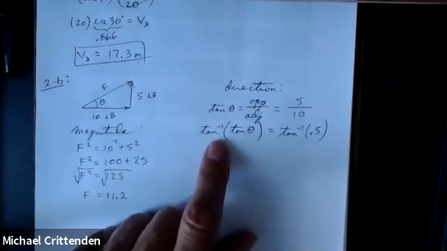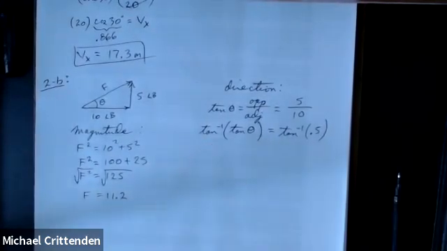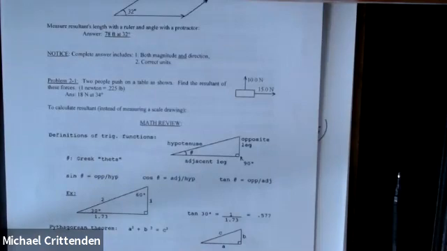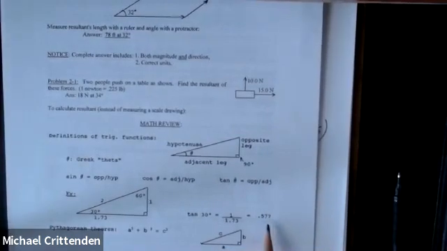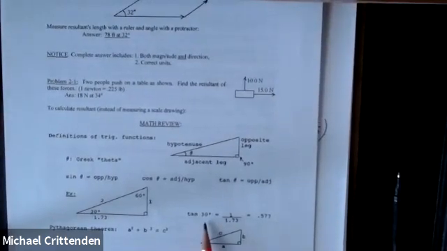The inverse tangent, I guess I didn't explain that on the bottom of the previous page, but the inverse functions just mean you go the other way around, okay? Tangent of theta, or tangent of 30 degrees is 0.577. The inverse tangent, or arctangent as it's sometimes called, the arctangent of 0.577 is 30 degrees.